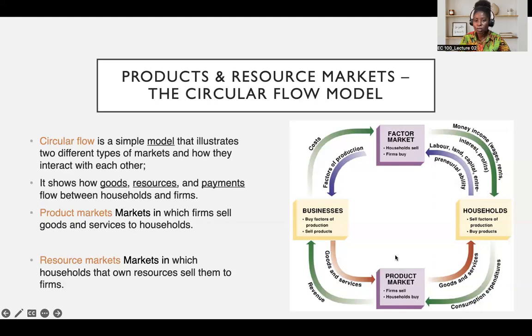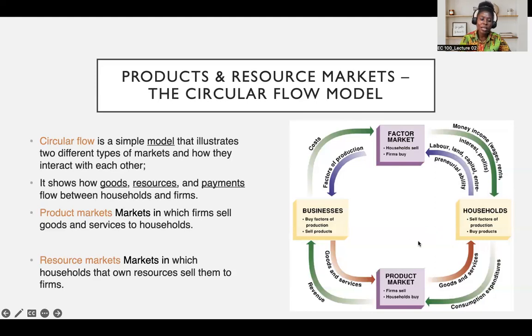So all sales from the product market are what is called revenues, okay? So this is the income to the business. All right. So businesses, again, will use this revenue from the sales to cover the costs, which include the money that they're going to pay to the salaries and all other expenses.